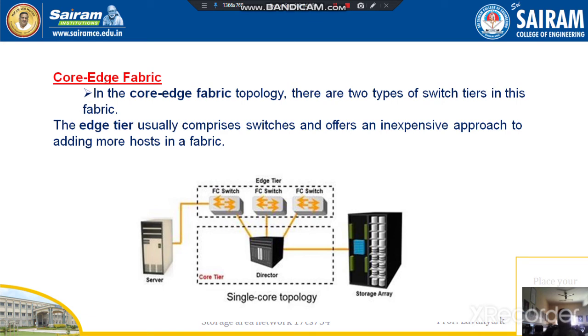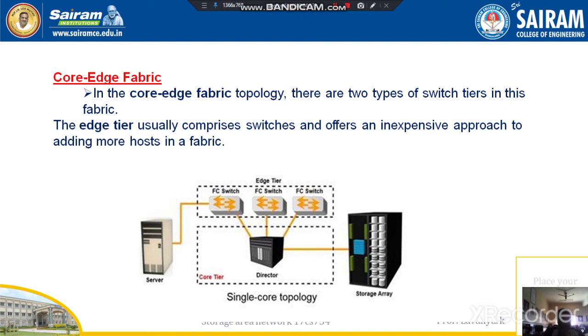The core tier usually comprises enterprise directors that can ensure high fabric availability, and additionally all the traffic either terminates there or exits from that particular tier.